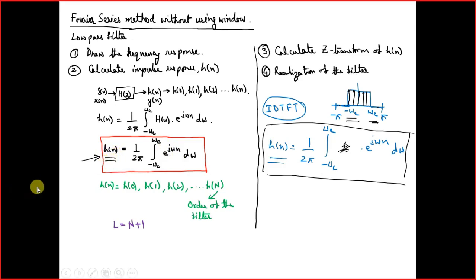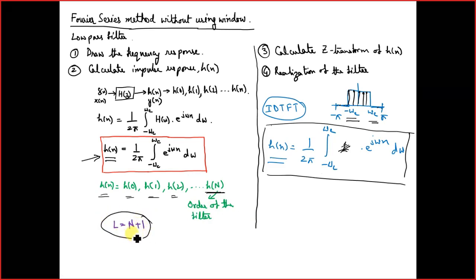So how many Hn values will you be calculating? You will be calculating Hn values ranging from H0, H1, H2 up to H of capital N, where capital N is the order of the filter, and the length of the filter is given by capital N plus 1.